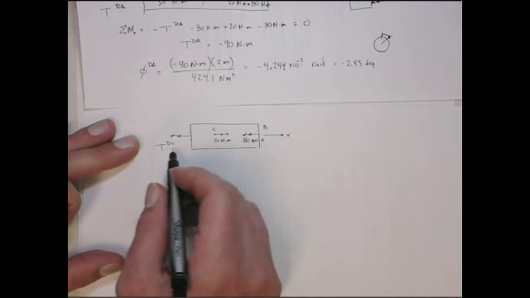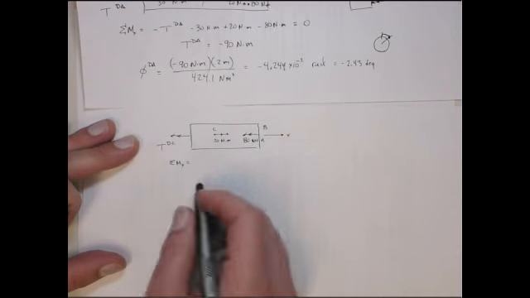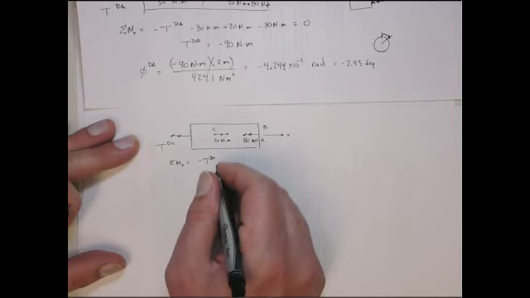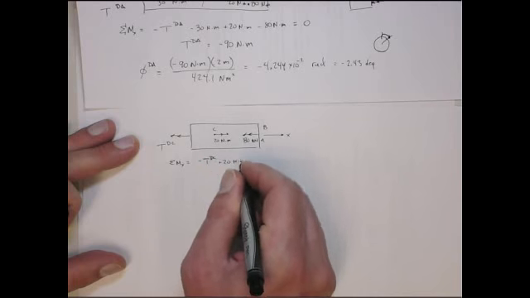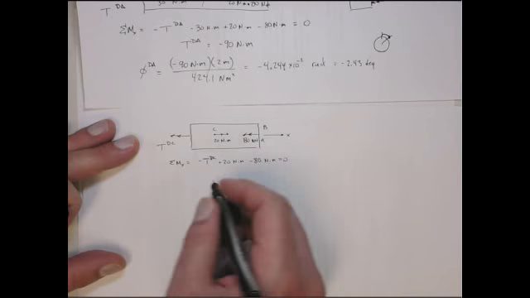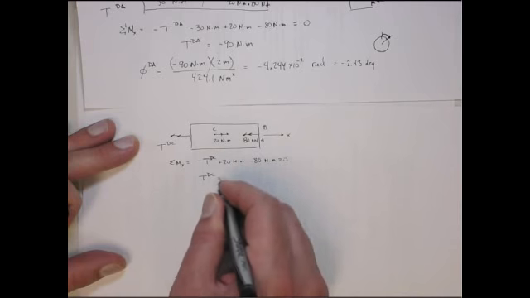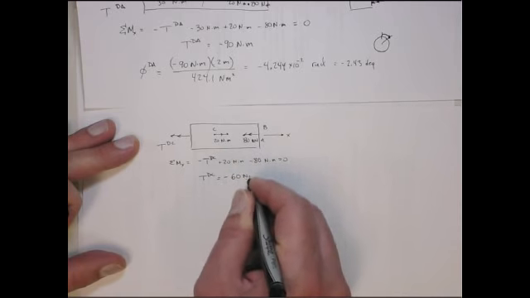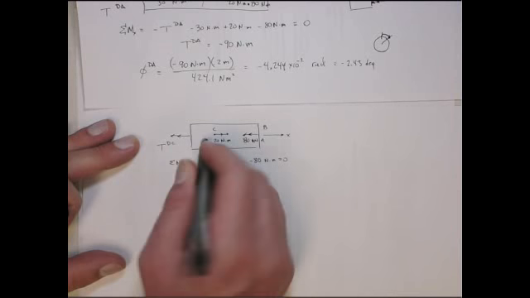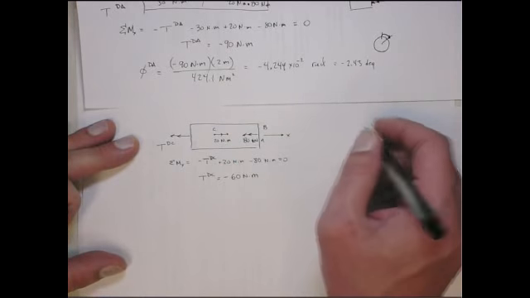And so if we do sum of torques or sum of moments around the x-axis, that gives me minus torque DC plus 20 Newton meters minus 80 Newton meters equals 0, or that gives me that the torque in DC is equal to minus 60 Newton meters. All right, so again, it's acting actually in the positive X direction on this face.